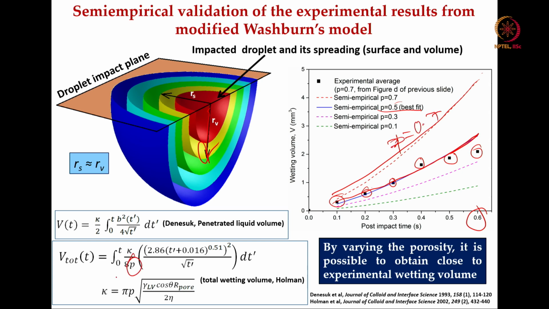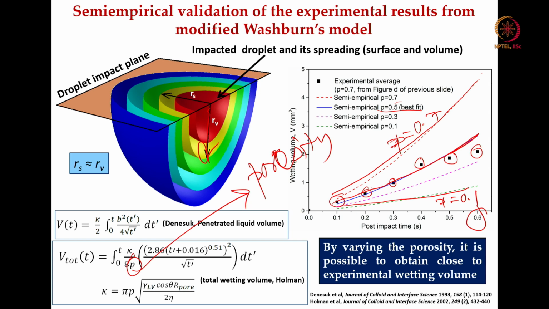What is this p value? Now there are other semi-empirical values. This green one is p equal to 0.1. So 0.1 to 0.7 varies, and p equal to 0.5 is the best fit. This is the porosity fraction, the powder bed porosity.